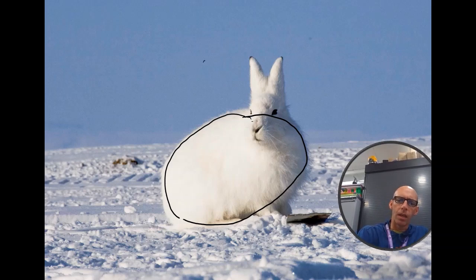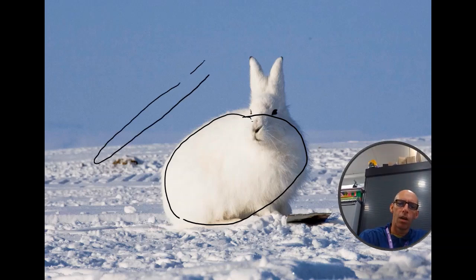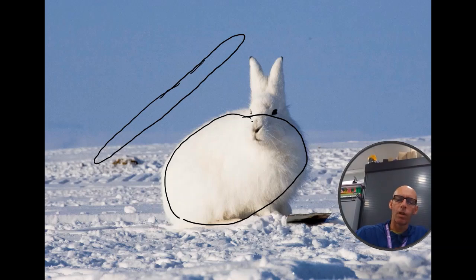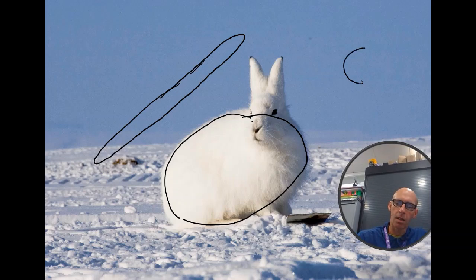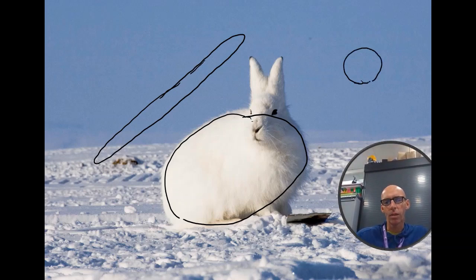The opposite would be long, thin shapes. That would be a really bad shape to be if you lived in the Arctic, because then you'd lose loads of heat. So the best possible shape for the smallest surface area would be round.